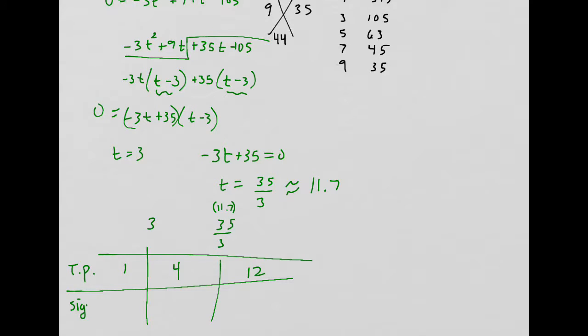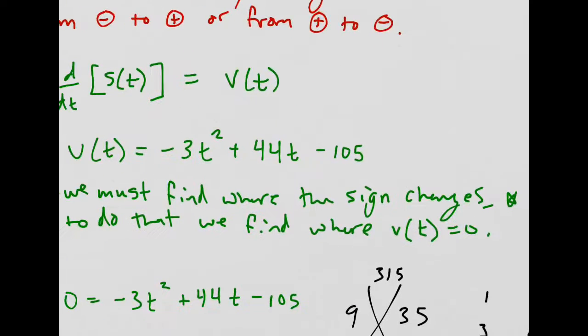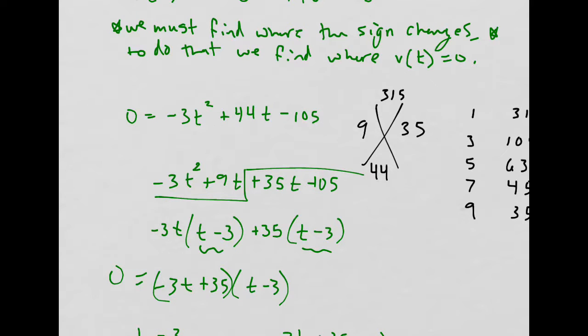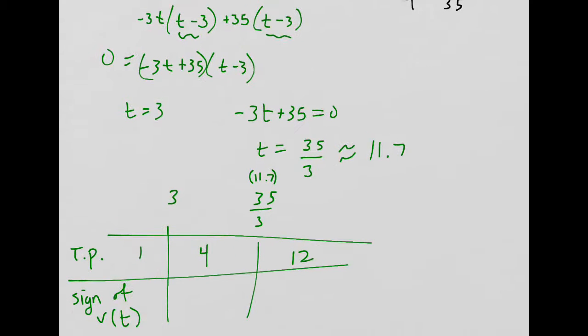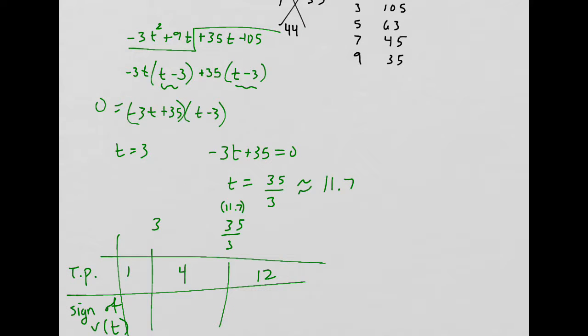So I need the sign of v of t, and I'll plug these into v of t, which is that, or in its factored form. You can plug it into either one, but what do we have? If I plug in 1, what do I get?